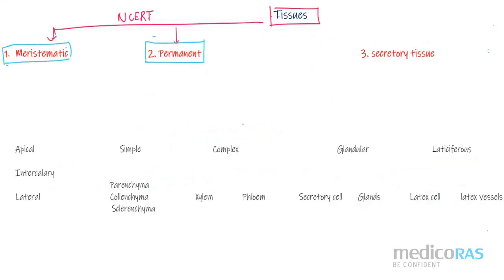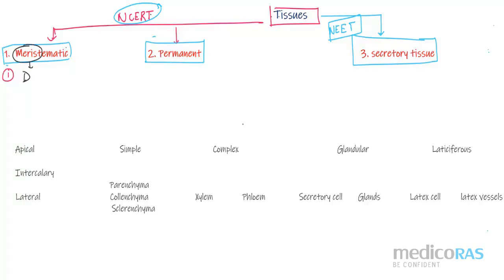But sometimes in entrance examinations, you may get another type of tissue, known as secretory tissue. The characteristic features of meristematic tissue are: number one, the term meristem represents divided cells, meaning the ability of division.